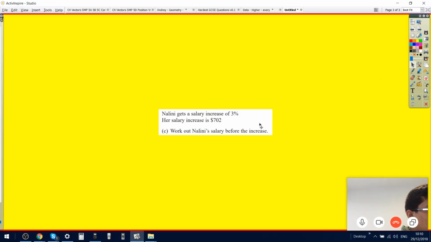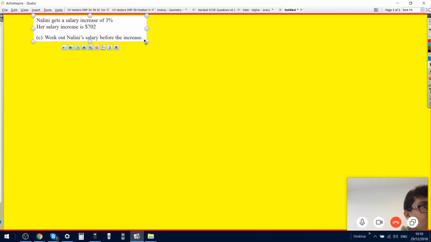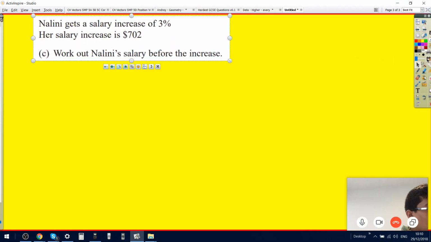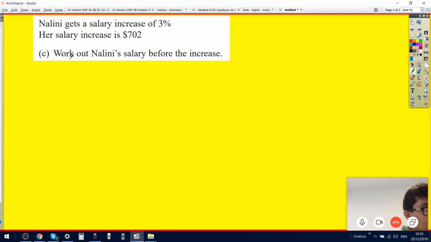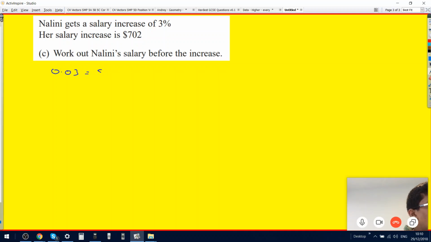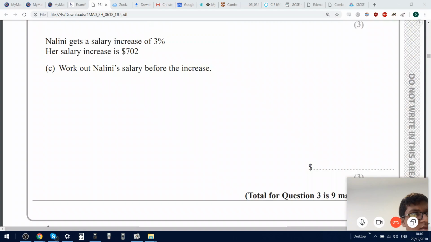And what do you get for this one? 702 divided by 0.03 gives us 2,340,000. So, yeah, you just divide both sides by 0.03. 702 divided by 0.03. That's fine. Okay.